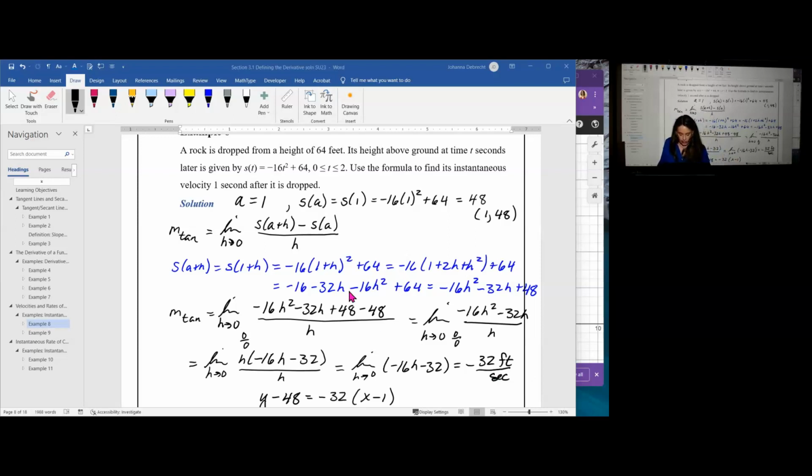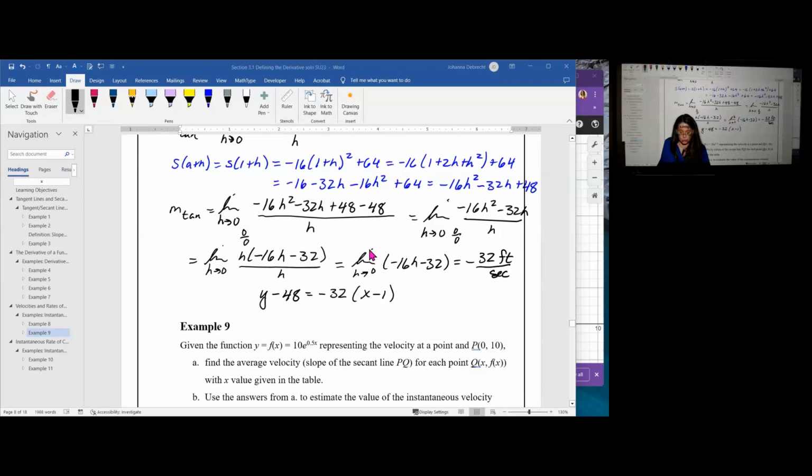Instead, I ended up with negative 32, which represents negative 32 feet per second. It's dropping 32 feet each second at the instant, 1 second after it was released. This gives me the equation you see here for the equation of the tangent line.